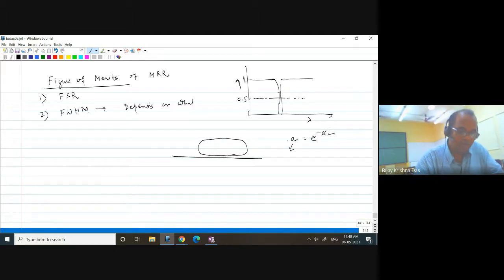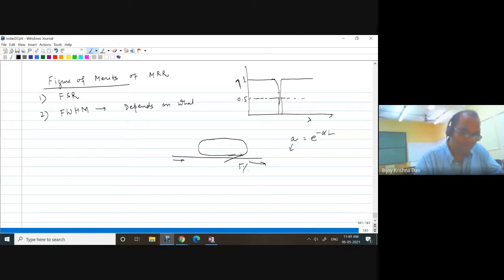But not only A. Suppose I'm launching here and some fraction is coupling in, say 5% coupling. Then after one round trip, whatever value exists after A, 5% of that will again couple out, right?